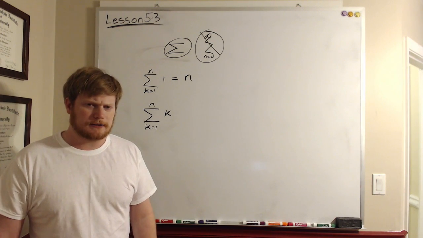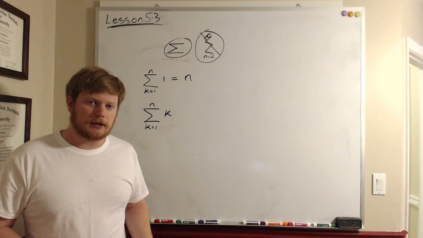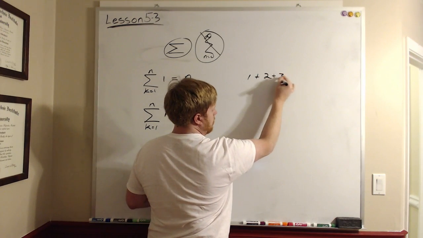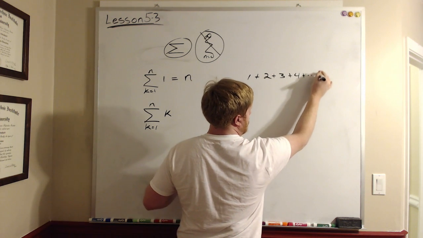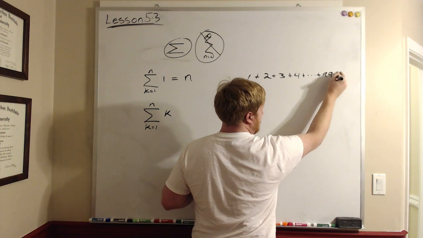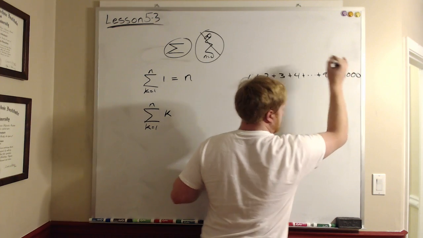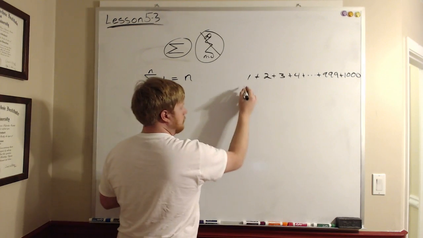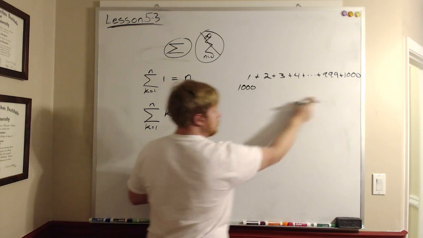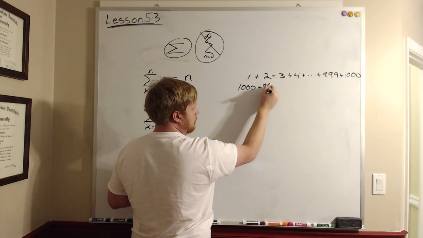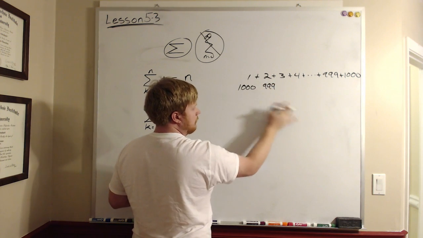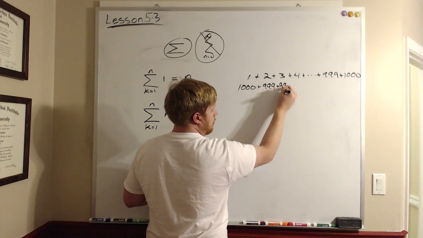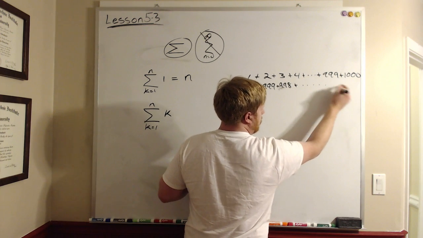Now, how did he do it so fast? Well, he was smarter than the numbers. He said instead of adding up 1 plus 2 plus 3 plus 4 plus all the way to 999 plus 1,000, instead, I'll just add 1 to 1,000 and 2 to 999 and 3 to 998 and so on.